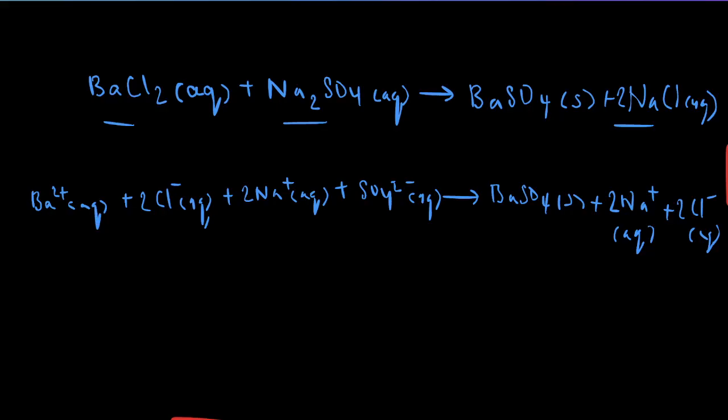So looking through this mess of an expression, what do we see appearing on both sides of the reaction? Well, we see sodium ions are present, and our chloride ions are also present on both sides of the equation, whereas the barium and sulfate only appear on one side, and the barium sulfate also only appears on the product side.